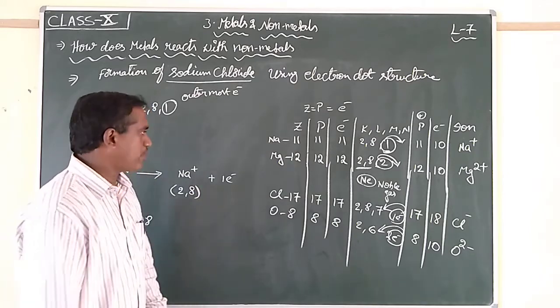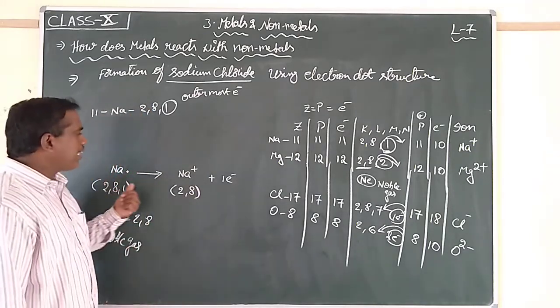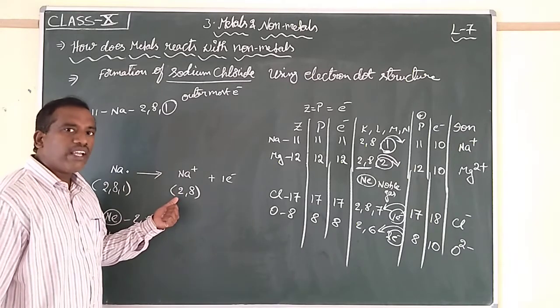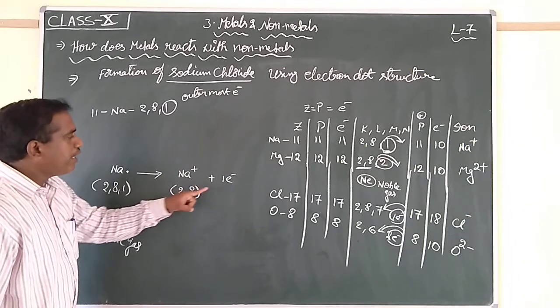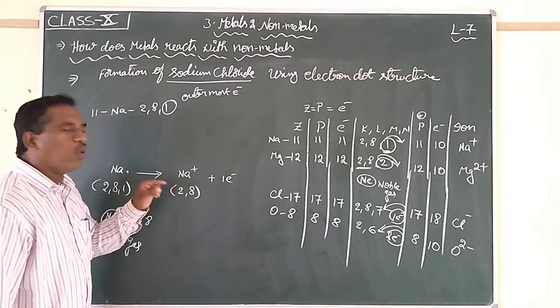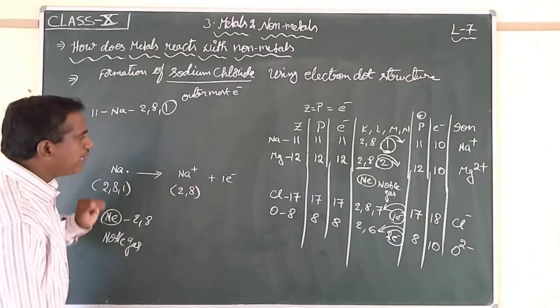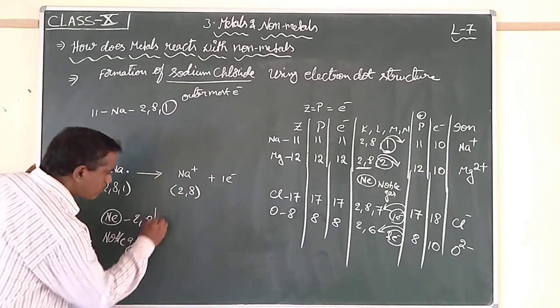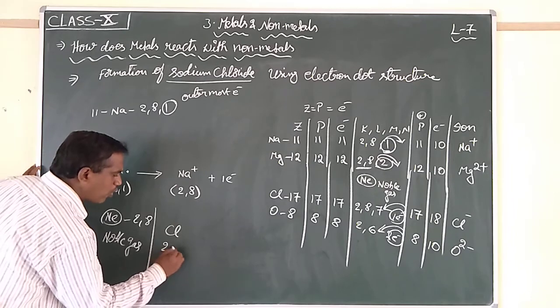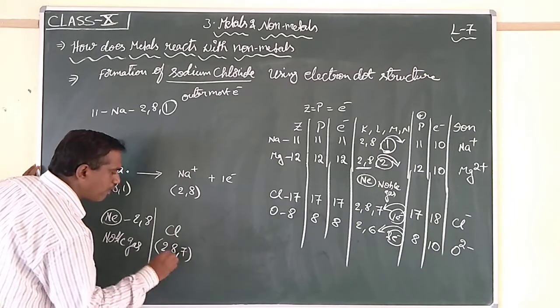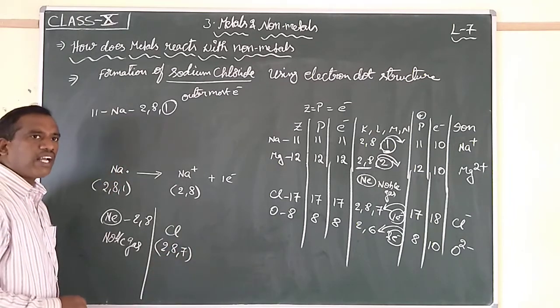Let's come back to the concept. Sodium is losing a single electron. Why? To behave like 2, 8 of noble gas neon. Now this lost electron, who will take it up? We know chlorine. What is the electronic configuration of chlorine? 2, 8, 7.